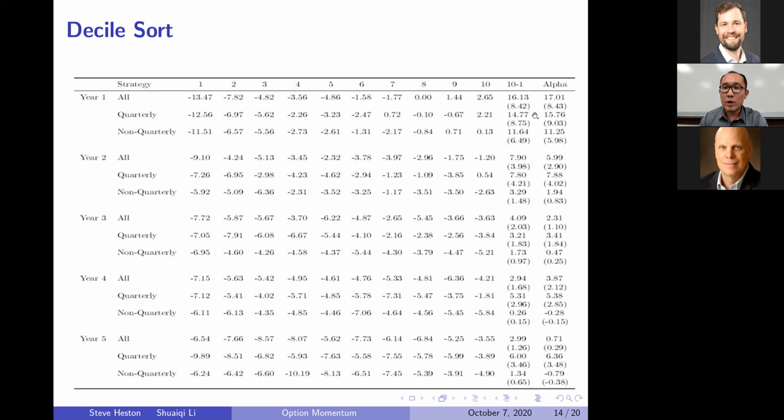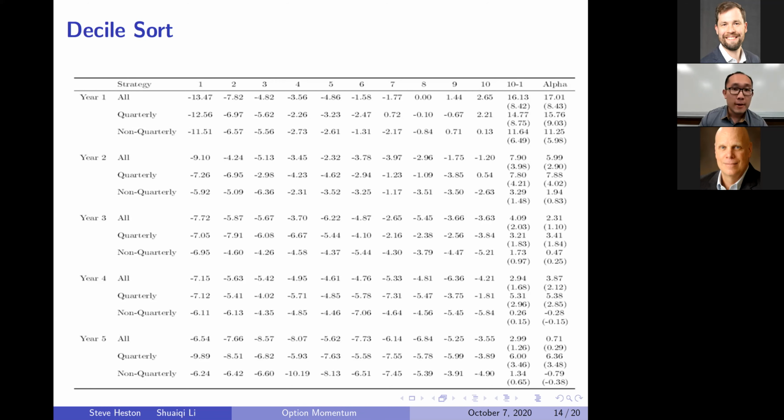Then we want to check if the momentum profits could be explained by risk factors. We control for the Fama-French 3 factors, stock momentum, and also the index VIX return. The alpha we get is close to the raw return of the portfolio. So the momentum profits cannot be explained by the risk factors we control.